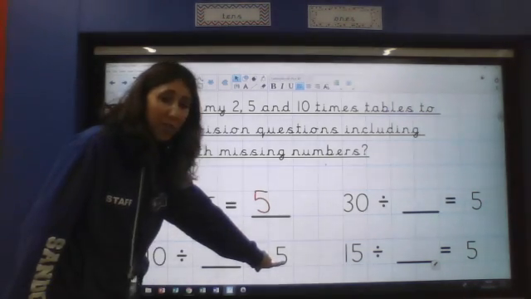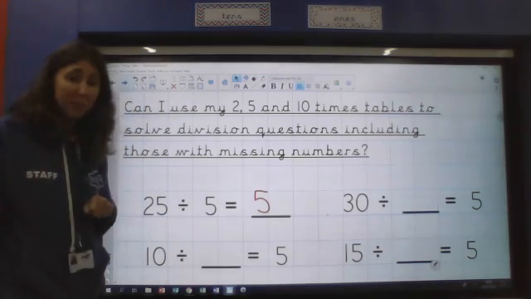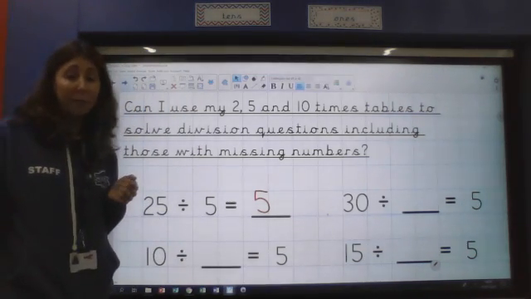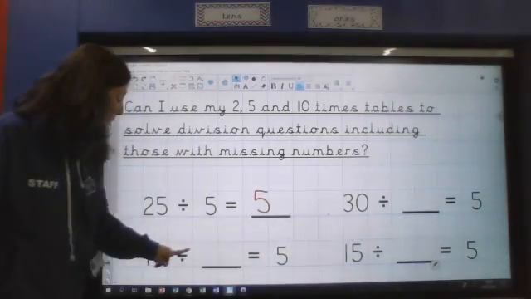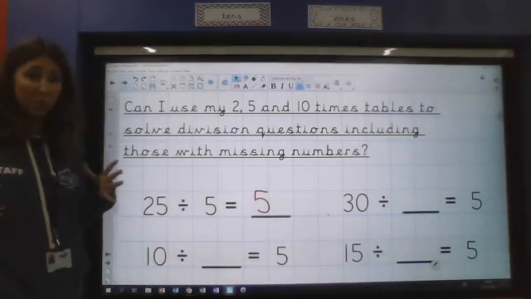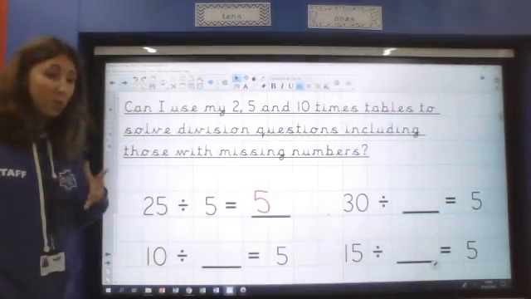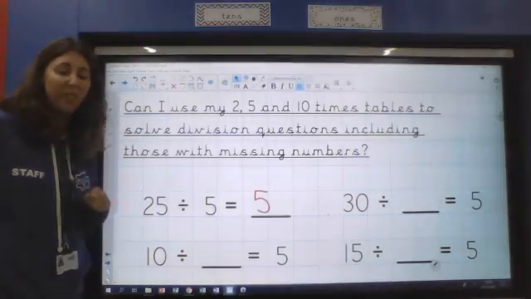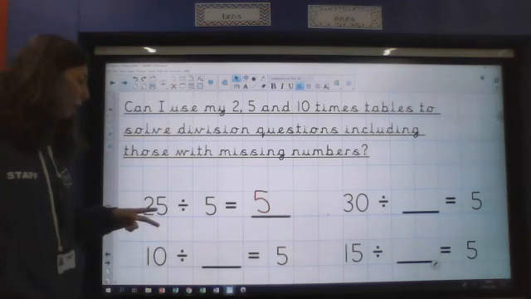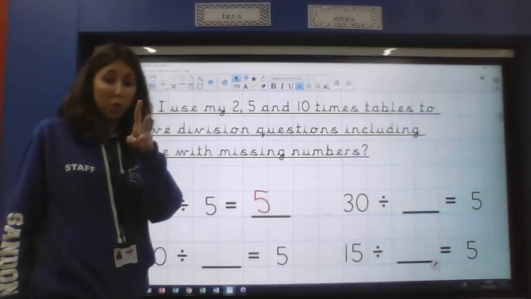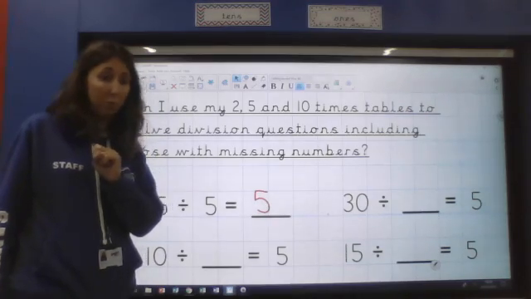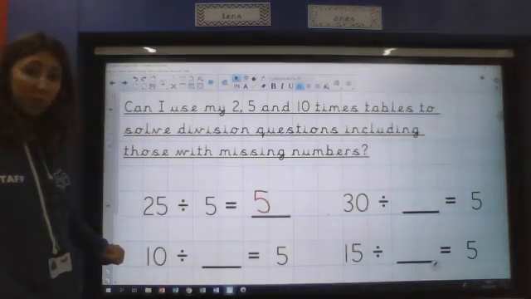If the answer is 5, but this number is missing, we use the same strategy, the same method. We're going to count in 5s until we get to the biggest number, the amount altogether, to find out what we've divided by. Because remember, when we multiply, we can swap the two smaller numbers around in the number sentence. That's the same with dividing.